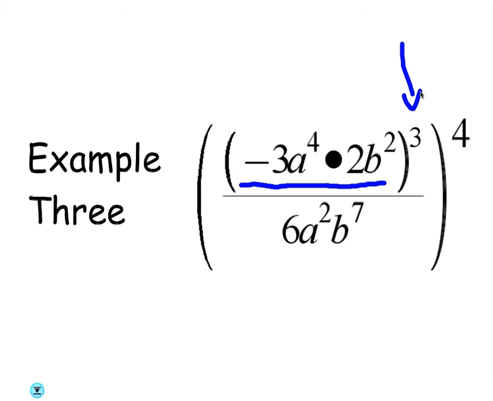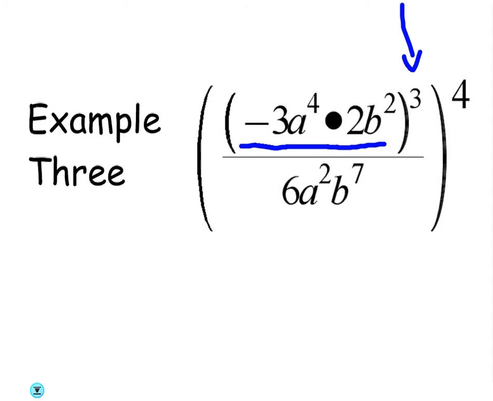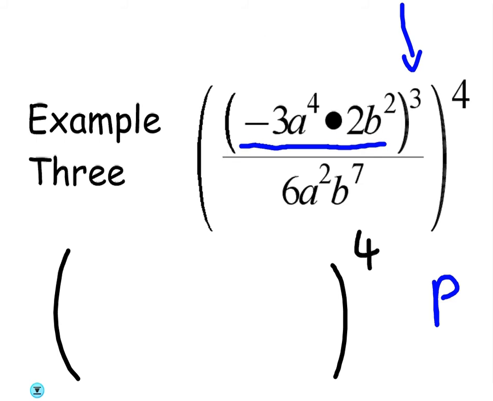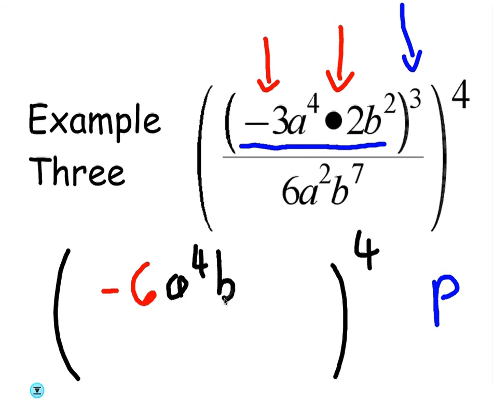But anyways, we'll go ahead and do what's inside of the innermost parentheses first, and that is to multiply the -3 and the 2. Okay, so that's going to become -6. And then we're still going to have a to the 4th b squared. And that's still going to be within that exponent.